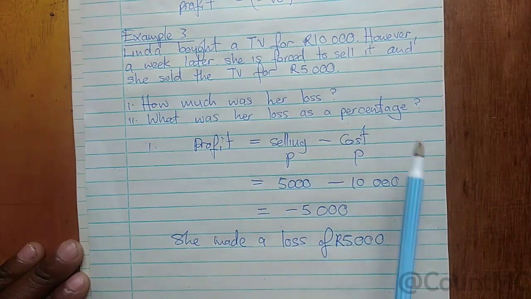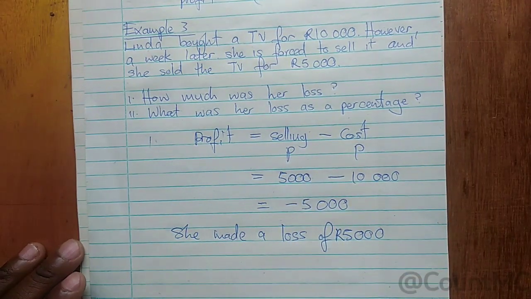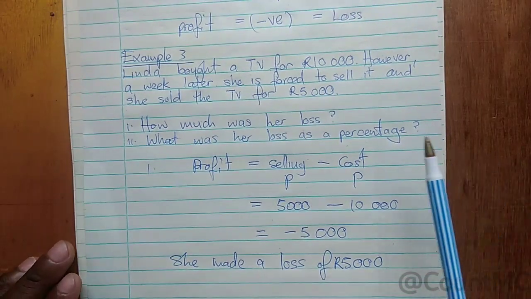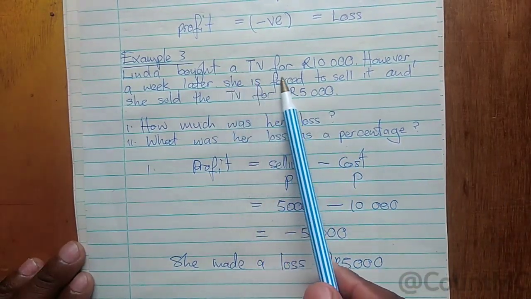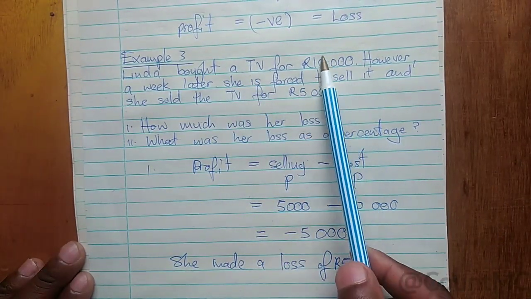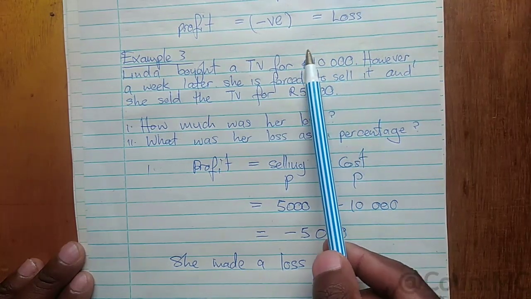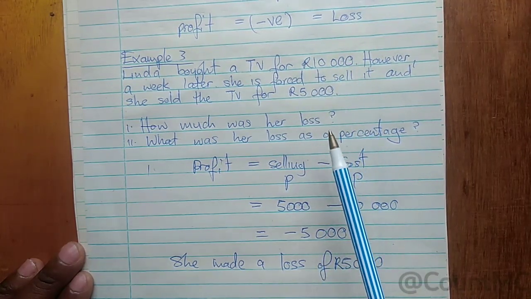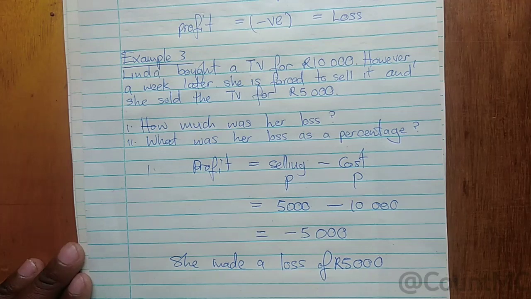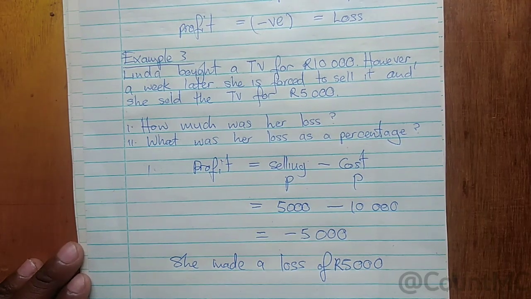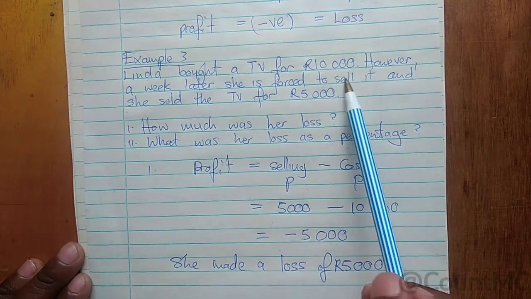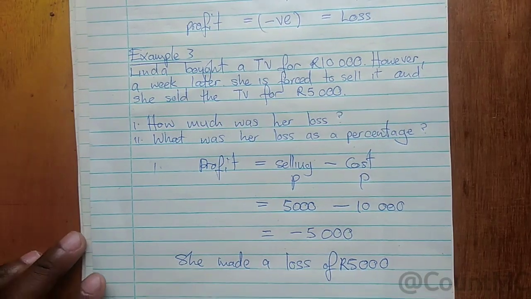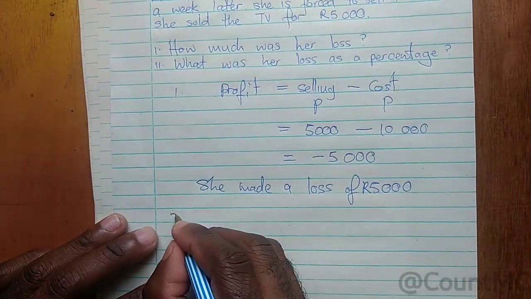So we now have the loss. What was the loss as a percentage? Linda bought a TV for 10,000 rands. This is the original amount without any profit, without any loss, without any percentages. That's where you put your 100%.